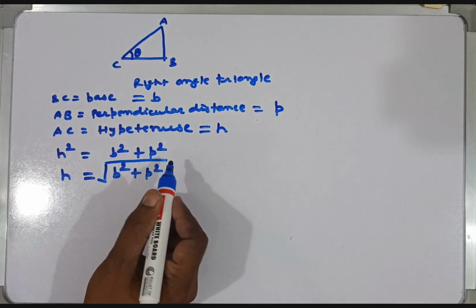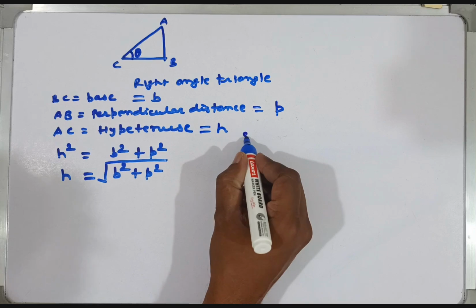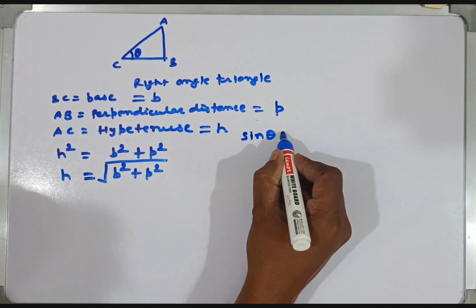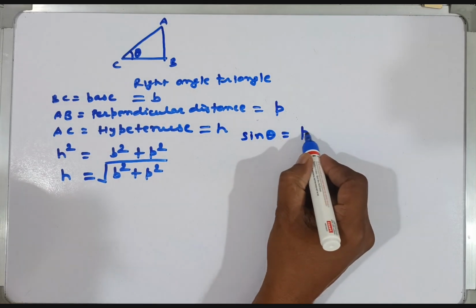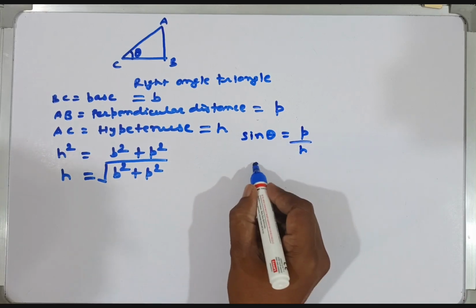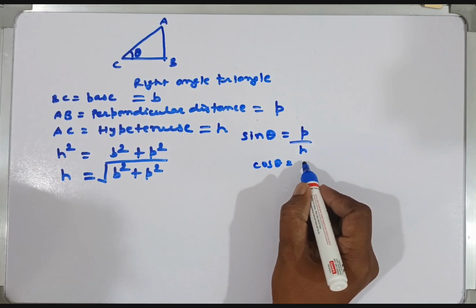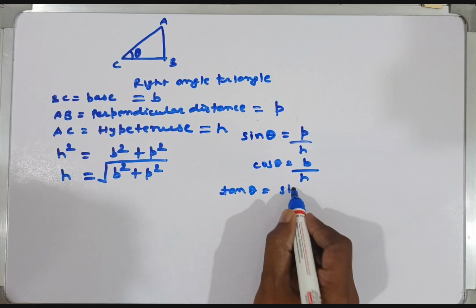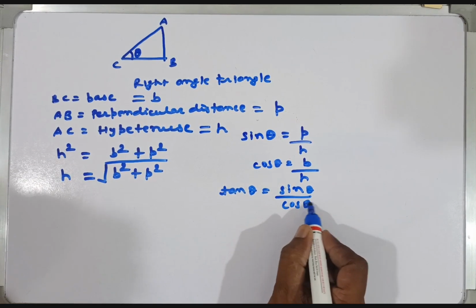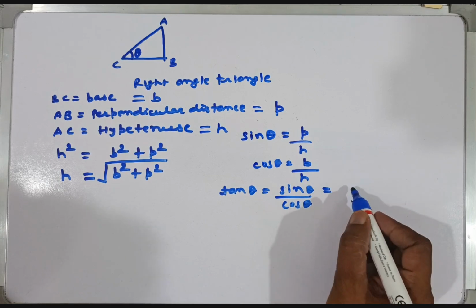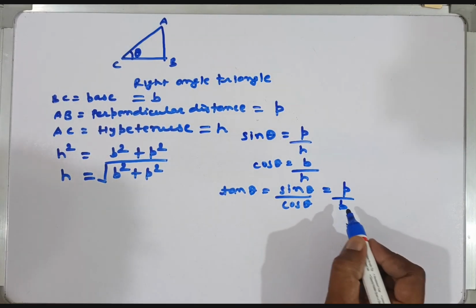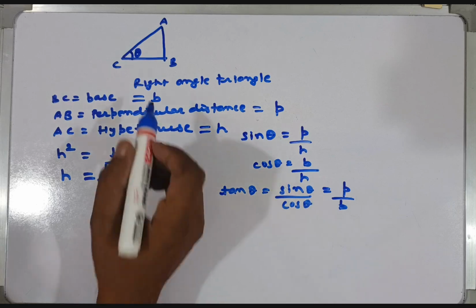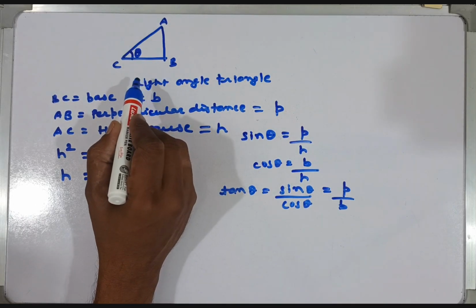You read in class 10th that sin theta equals P by H, cos theta equals B by H, and tan theta equals sin theta by cos theta, which is P by B. So this is a basic formula which is used in vector.